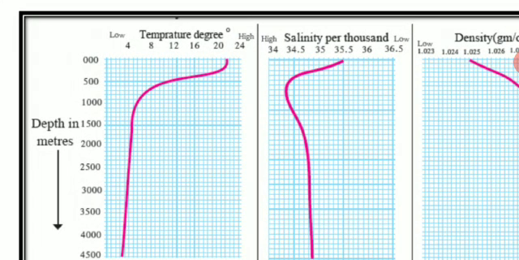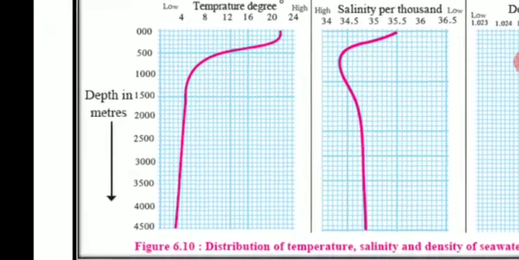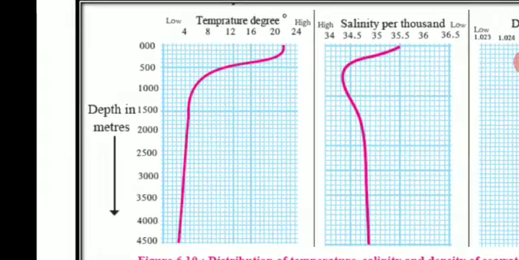As we go deep down into the ocean, as the intensity of the sun rays goes on decreasing, the temperature also goes on decreasing. Around 2000 meters and below that, the temperature remains uniform up to the bed of the ocean.